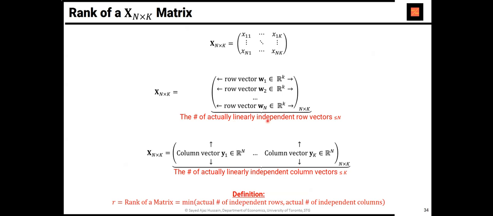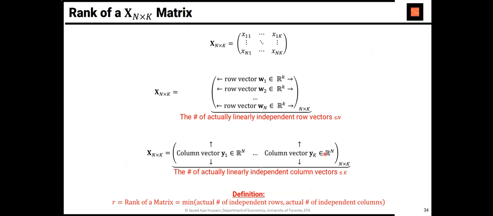The maximum number of linearly independent vectors that you can have is of course n, which is not the same as the actual number of linearly independent vectors.